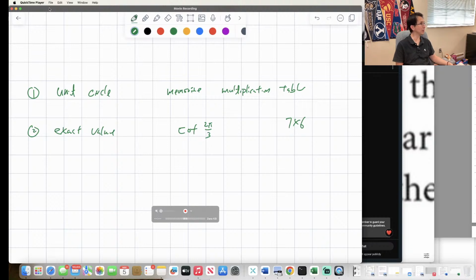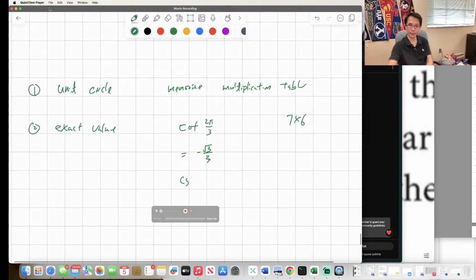Guess I'm missing something. Negative root 3 over 3. How many of you got it right the first time? Okay, it's only like 40% here, and that's really not good enough. You should know cotangent of 2 pi over 3. 100% of you should figure this out within a very, very short amount of time. I'm going to give you one more. Cosecant of negative 7 pi over 6.